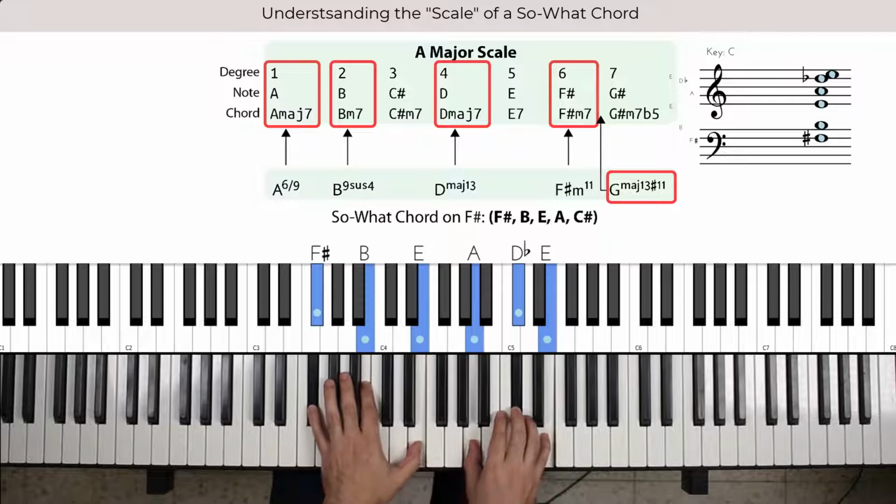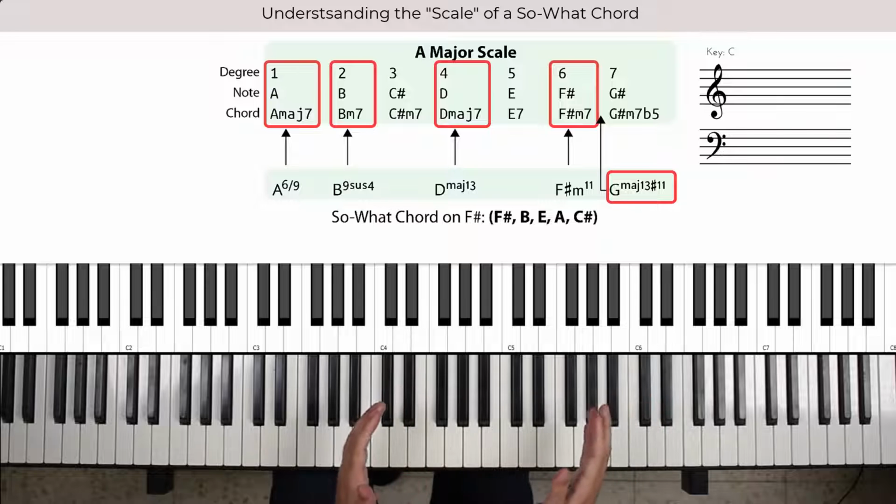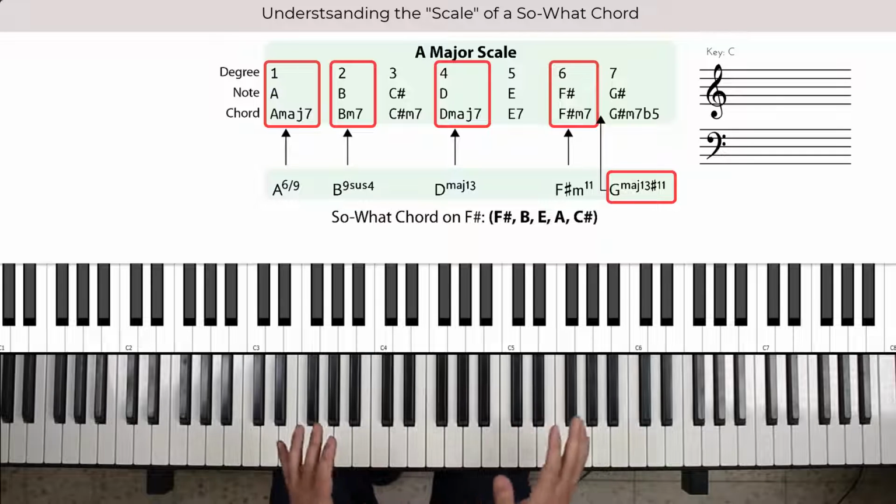The so what chord built on the F sharp note is associated with the A major scale, and some of the main degrees on that scale.